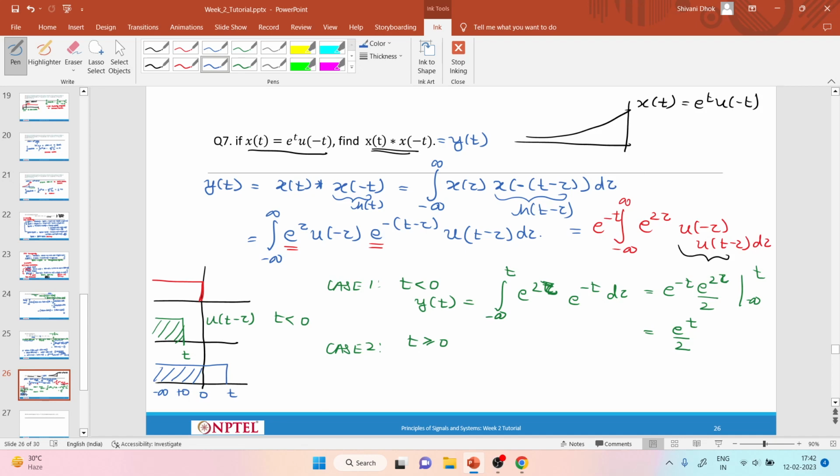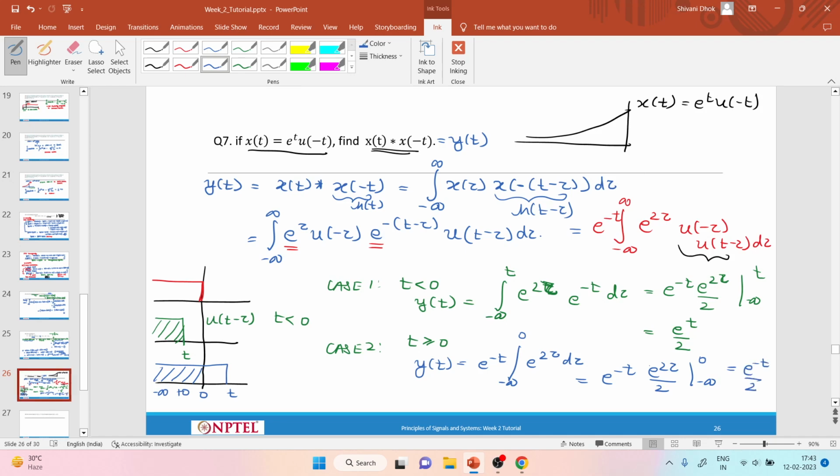Therefore this integral now becomes y of t equal to e power minus t times the integral from minus infinity to 0 of e power 2 tau d tau. This integral is e power 2 tau upon 2 from minus infinity to 0, and this is equal to e power minus t by 2.